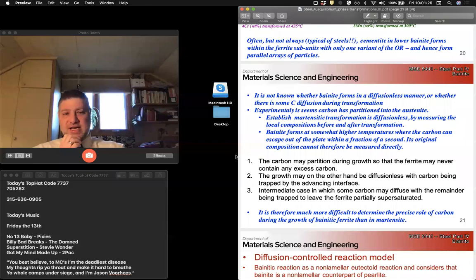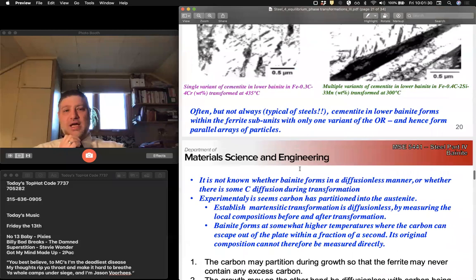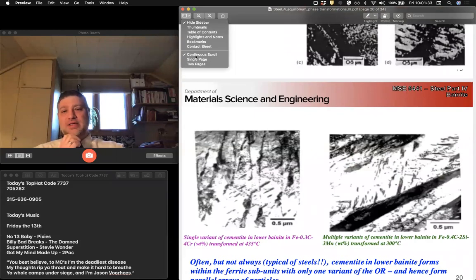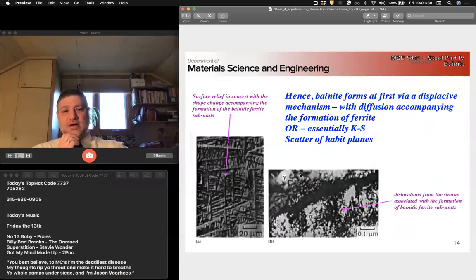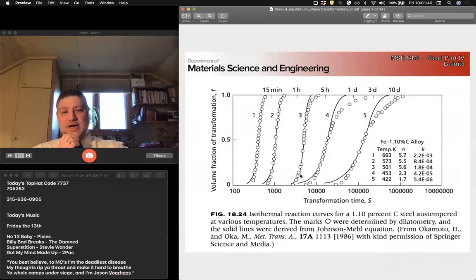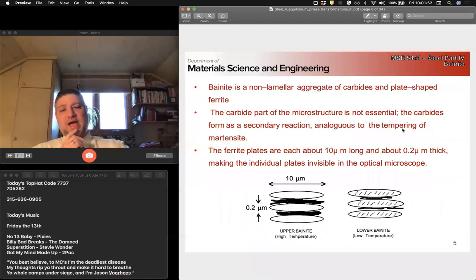And the last couple seconds, I just want to introduce, I'm not going to talk about it in any detail, another intermediate between pure diffusion and pure shear, bainite, right? Bainite is a shear transformation, but we also have carbides that form in between.